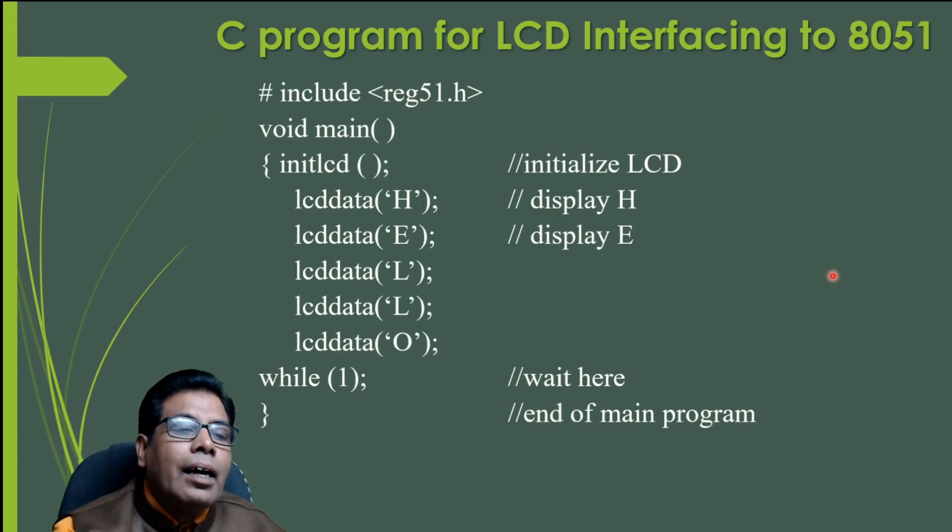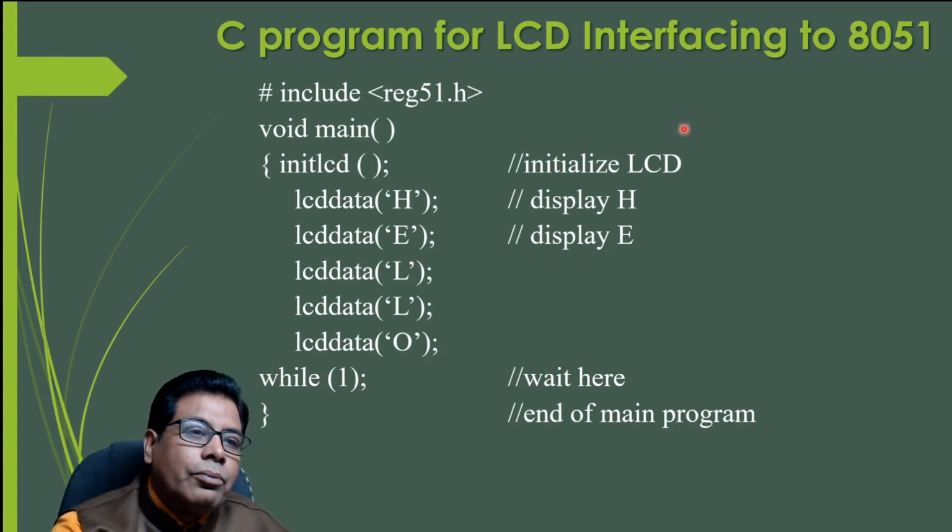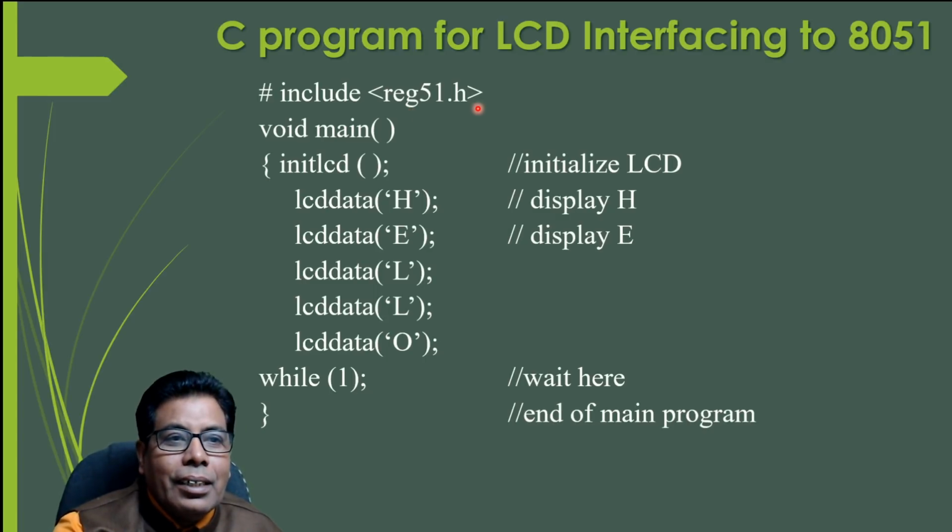Our programming will be similar to what we have done in assembly language, only here we'll be using the syntax of C language. First of all, we'll have to include the reg51.h header file, because this header file will have all the definitions related to the registers of 8051. So it is necessary to include this when we are programming.